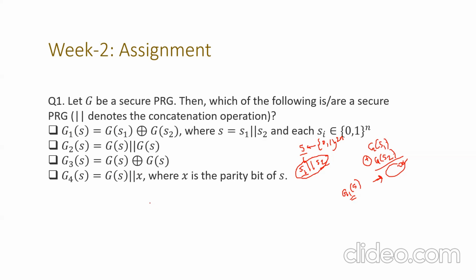Let's say you assume that the adversary is able to distinguish the result G1(S) from a truly random string. So you have a distinguisher. There is a challenger, there is adversary 1 and there is adversary 2. Here the PRG game for G is going on and here the PRG game for G1 is going on.